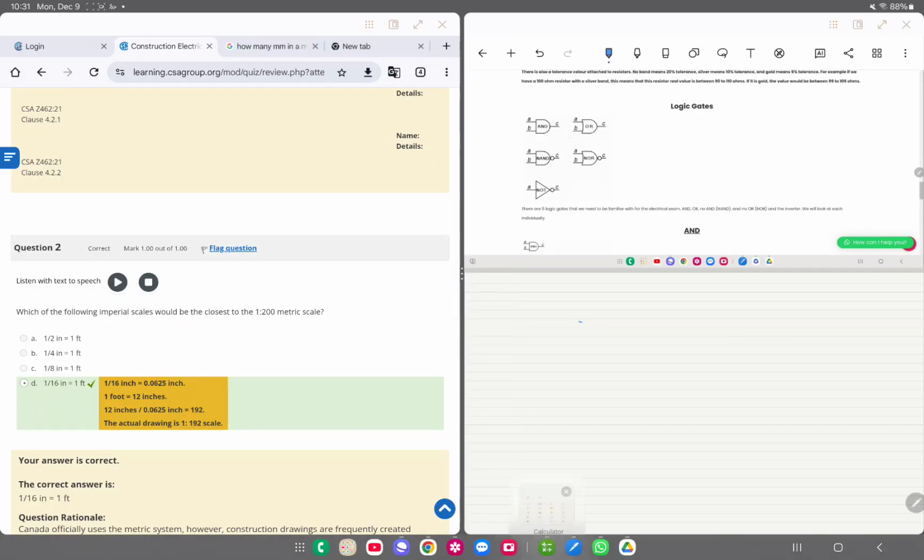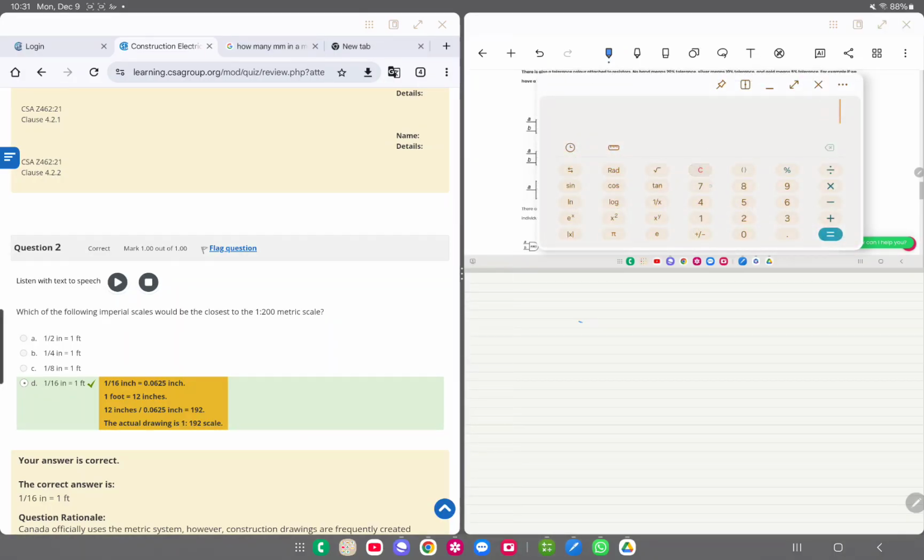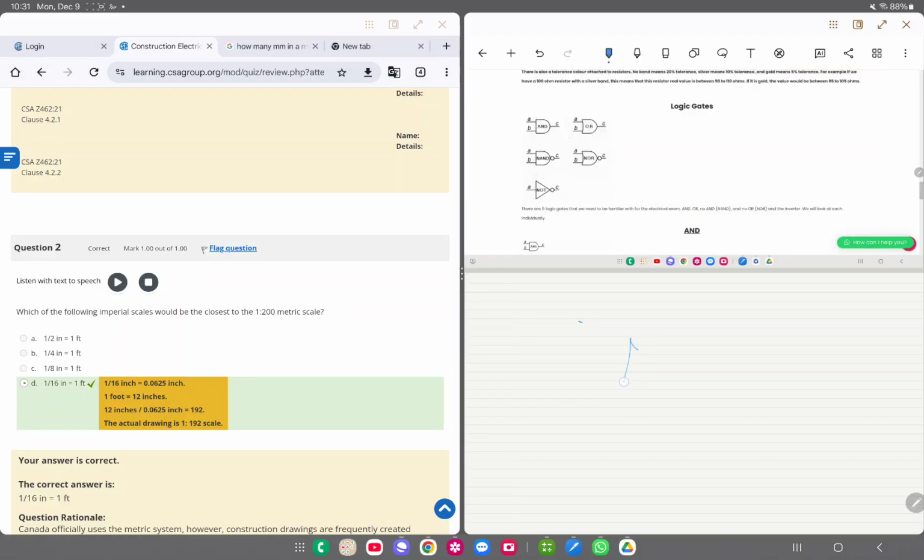See what scale 1/8 is. So we got 1 divided by 8, 0.125. Then we take our 12 divided by that. We get 96. So our 1/8 imperial is closest to our 1 to 100 metric. This is inches. This is millimeters or meters or whatever.